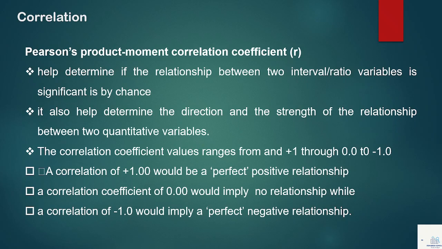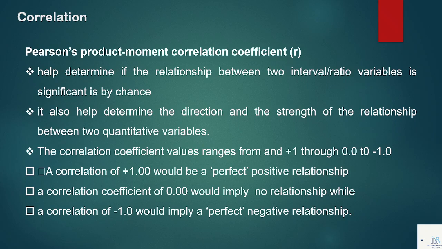We must always review, revise, and retain it in our memory, because it is what will actually guide us to be able to use the right analytical tool whenever we want to do analysis. It also helps to determine the direction and strength of relationship between the two quantitative variables. You see that's coming again.